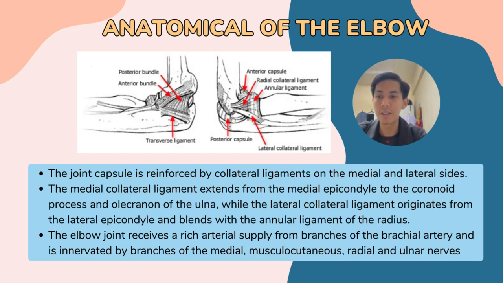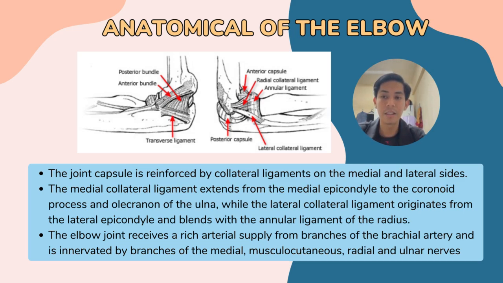The medial collateral ligament extends from the medial epicondyle to the coronoid process and olecranon of the ulna, while the lateral collateral ligament originates from the lateral epicondyle and blends with the annular ligament of the radius. From this, we can highlight the major ligaments, which are the medial collateral ligament, also called the ulnar collateral ligament, and the lateral collateral ligament.